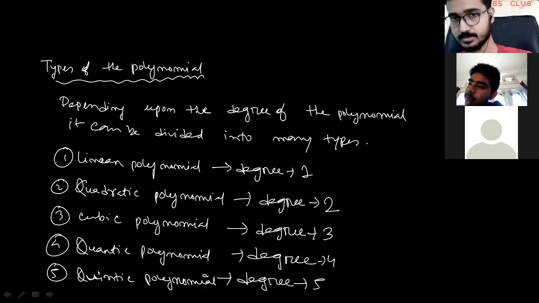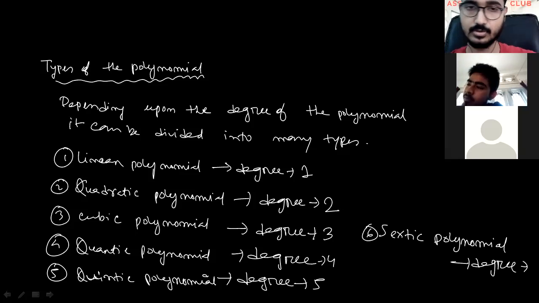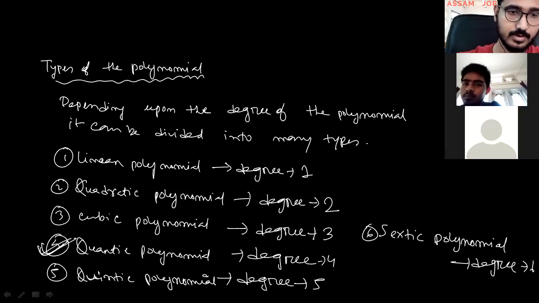If the degree is 6, it is known as a sextic polynomial. In that way you can name 7, then 8. Up to 4, you have to know the name of the polynomial.